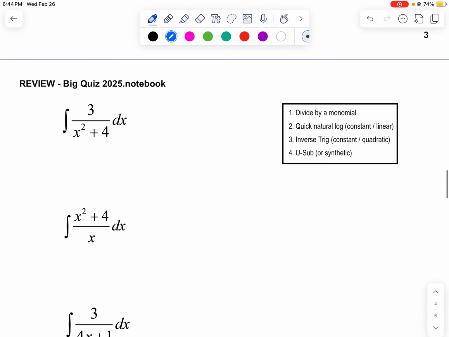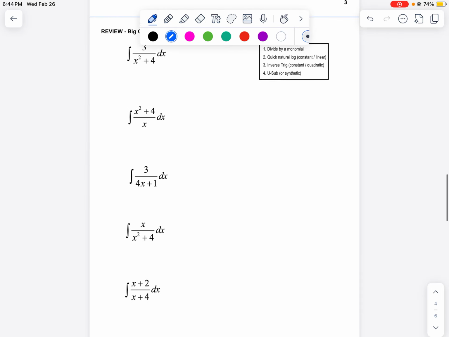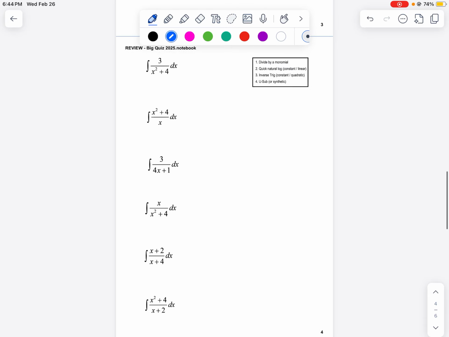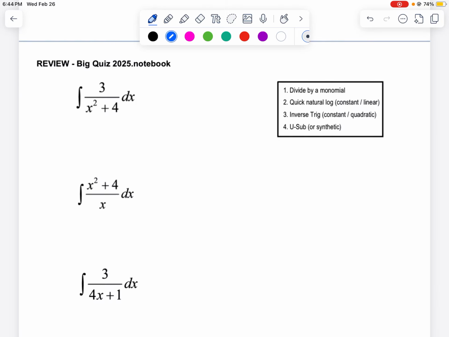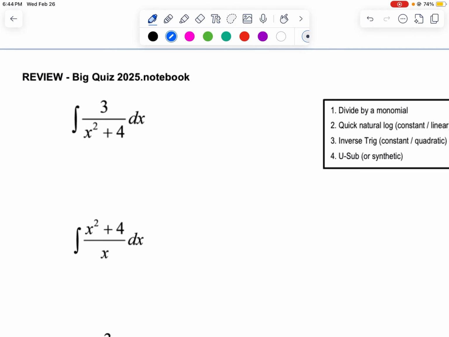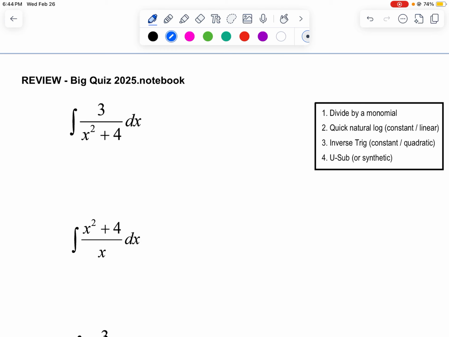So if you look at these examples right here, we're going to do these 6 problems, and they all look kind of the same, but we're going to use all these different processes here. So this first one, first thing we look for in our steps is to divide by a monomial, which we can't. That's not a single term on the bottom. So then we look to see if it's a quick natural log, which would be a constant over a linear, which it is not.